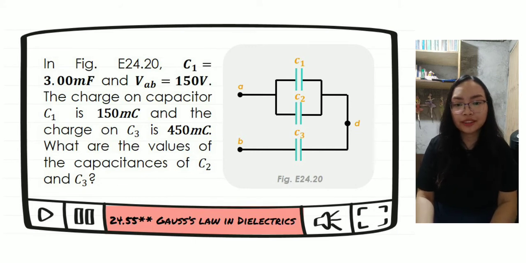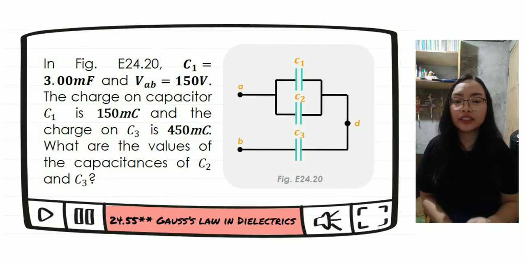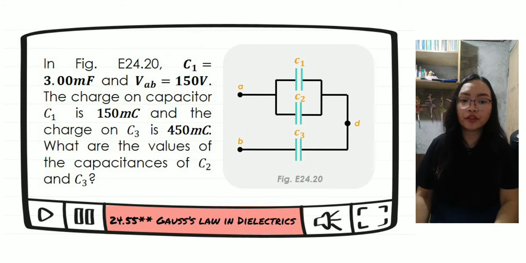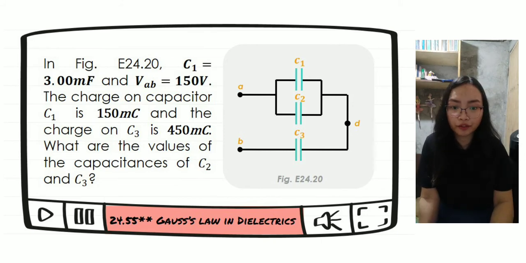So the problem is, in figure E24.20, C1 is equal to 3.00 microfarad, and the potential difference between points A and B is equal to 150 volts. The charge on the capacitor C1 is equal to 150 microcoulomb, and the charge on C3 is equal to 450 microcoulomb. What are the values of the capacitance of C2 and C3?